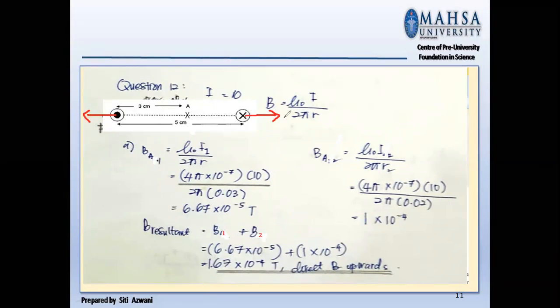Then, by using the Fleming left-hand rule to determine the direction of your magnetic field B, can you try now to show the direction of the magnetic field B at point A?